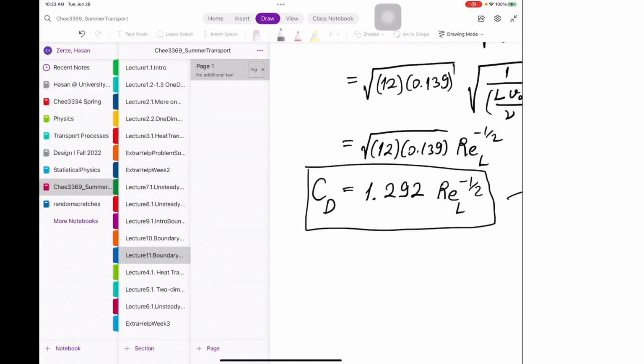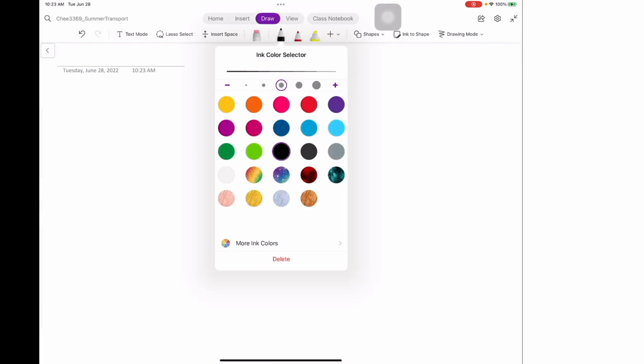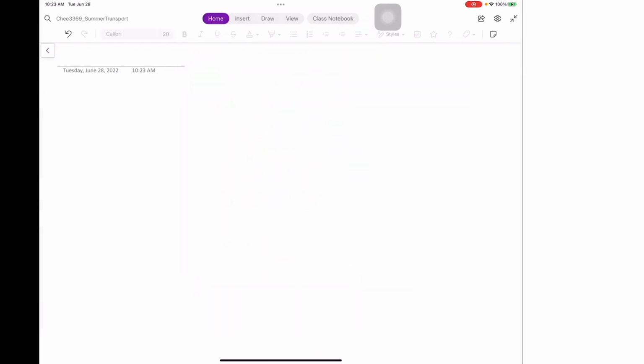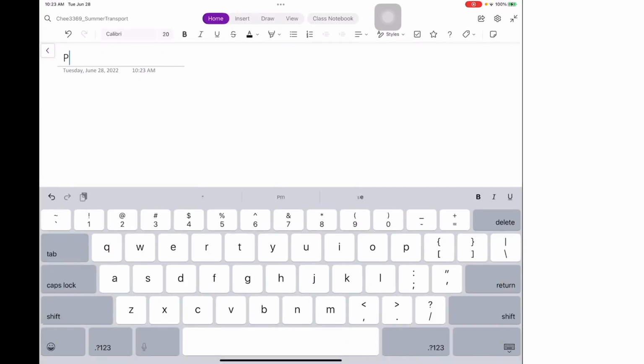Good. So far, so good. So now what are we going to do? We learned a lot about the boundary layer theory for momentum transport. Now, let's actually go ahead and do it for heat transfer, right?